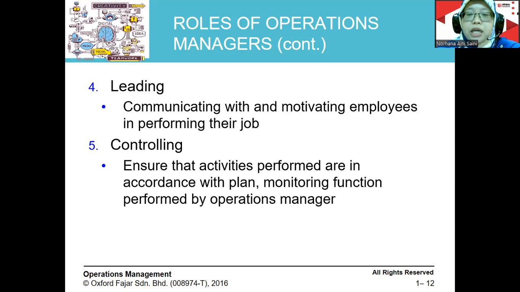They will check whether this product is based on whatever we have planned or not. If the quality is good, it means we have followed whatever we have planned. That's why we have controlling.